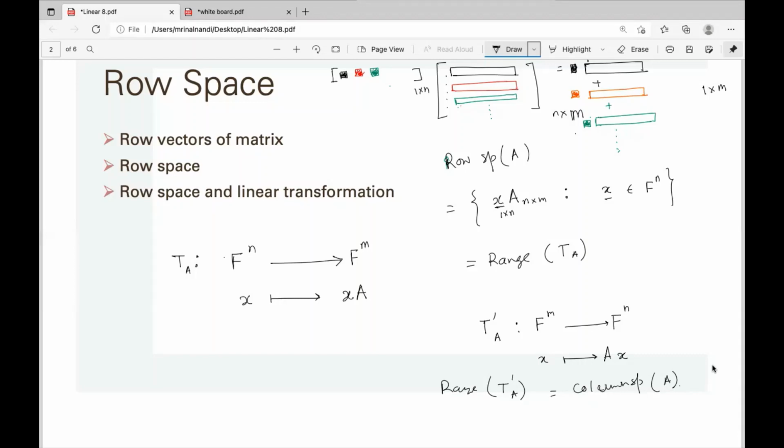If we think of A as a linear transformation Ax, then the range of this linear transformation gives your column space. If you want to find the row space, you will need A on the opposite side. You have to consider A as a linear transformation from X to XA, so this is the row space or row vectors. You can think of A as a linear transformation in two different ways, and that will give you two different spaces, row space and column space.